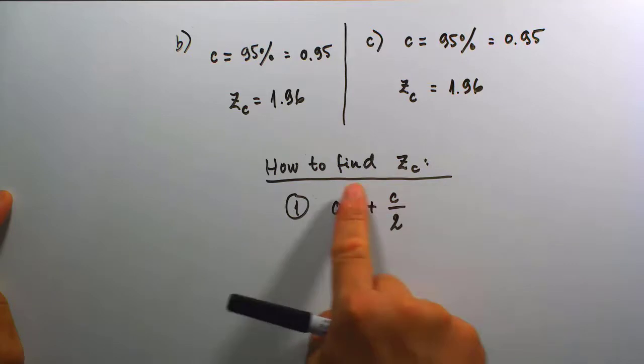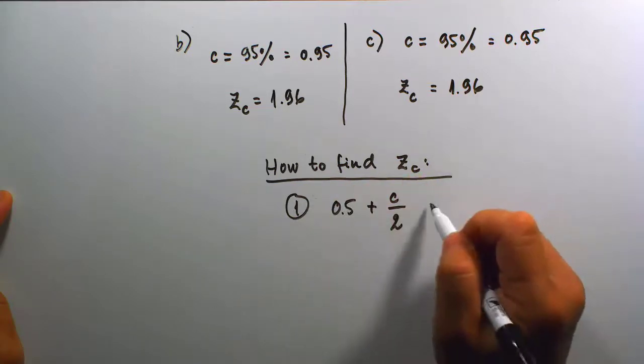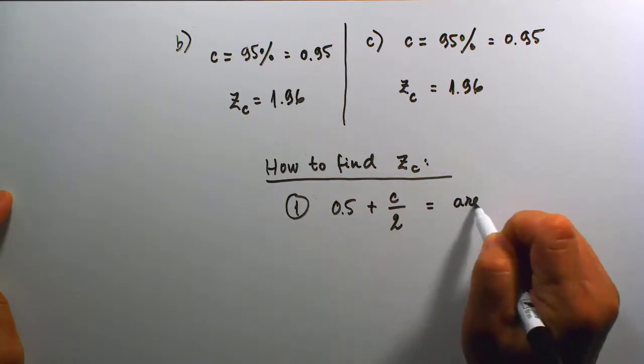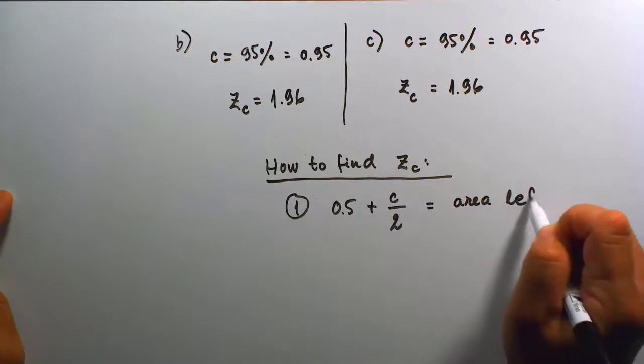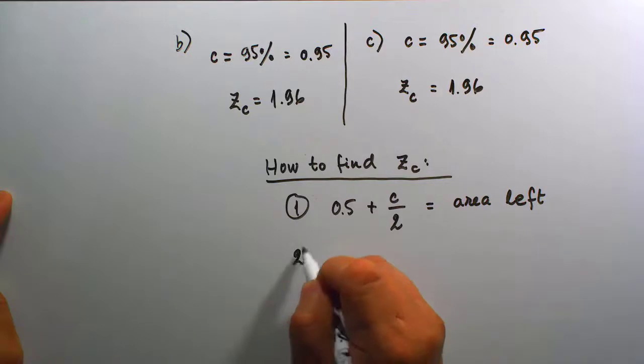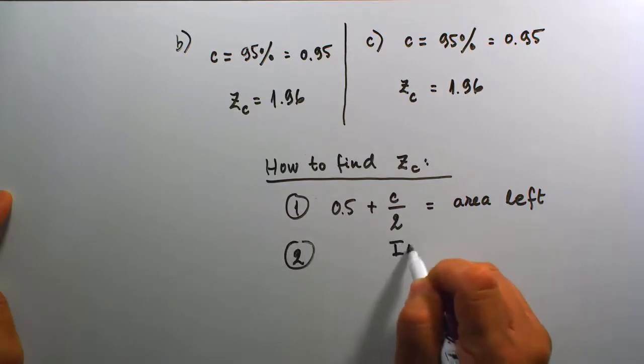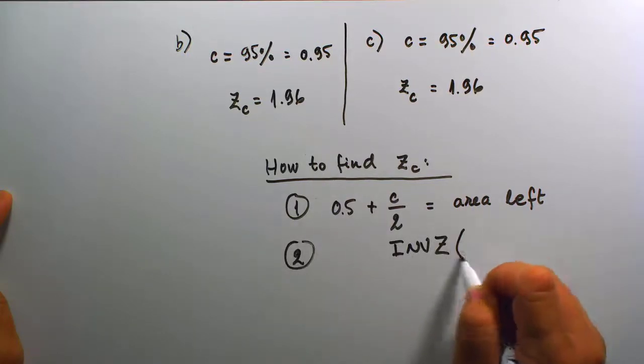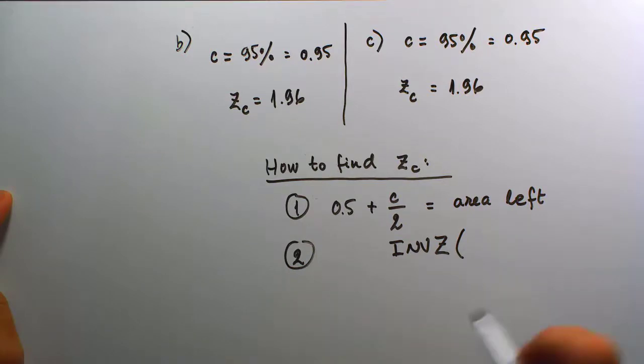Whatever comes out from this expression is regarded as the area left. Then we provide this area left into our INVZ program, which runs in step number 2.